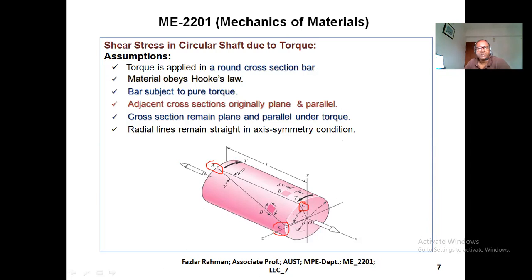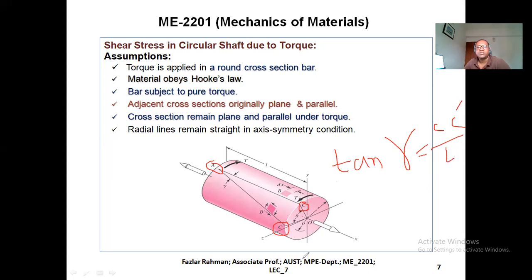The angular deformation, gamma. We can figure out this gamma value. If we apply tan gamma equal to, what is the definition of tan? Perpendicular by base. So this will be CC prime divided by line AC, and AC is the length of the shaft.